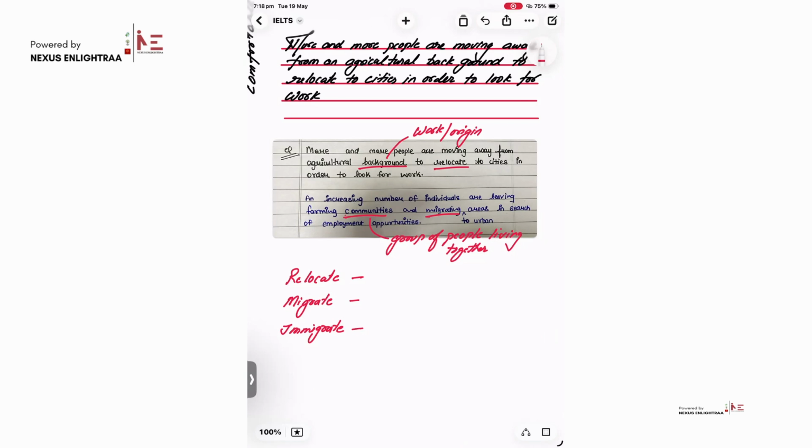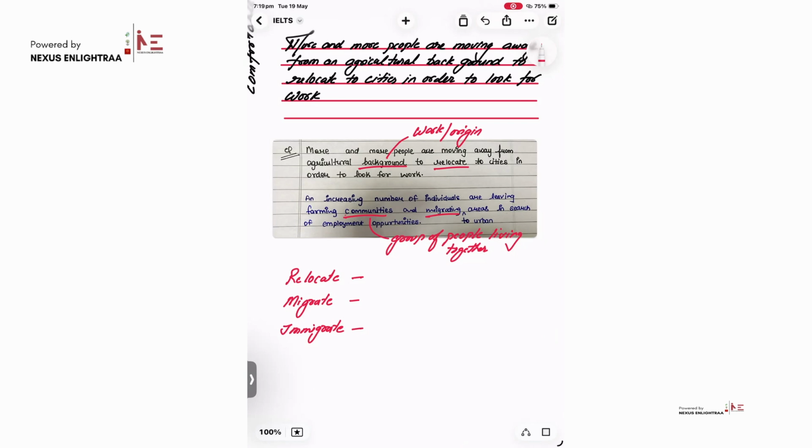Okay, so what's the difference between relocate, migrate, and immigrate? Immigrate is, for example, if you're moving into a country, so that's immigration. And migrate is when you're moving from one country to another, for example.